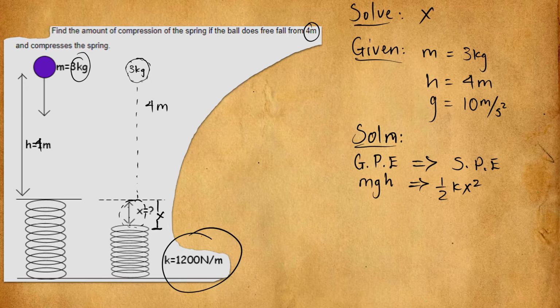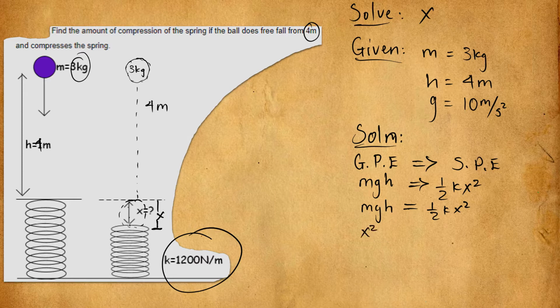Therefore, now we know the formula. Now we can just plug everything in. So if all of that energy transferred to the spring potential energy, we can say mgh is equal to half kx squared. So now we can solve for x.